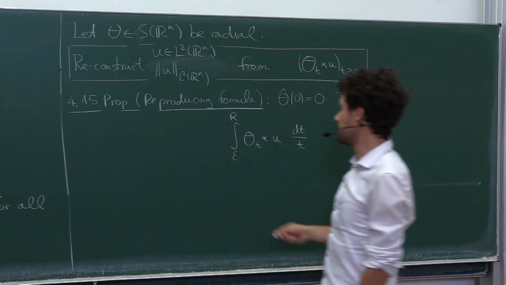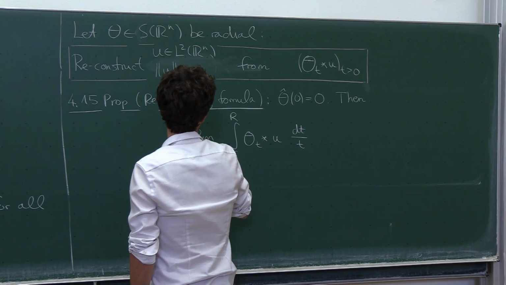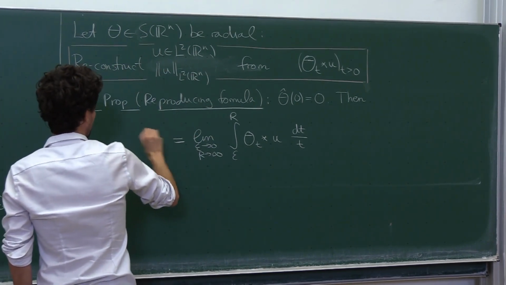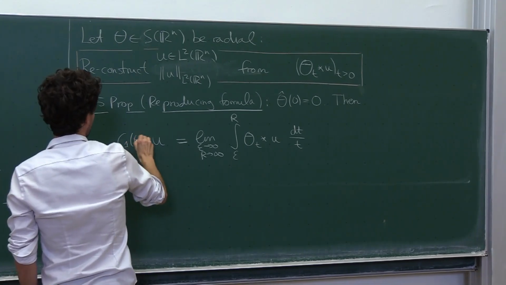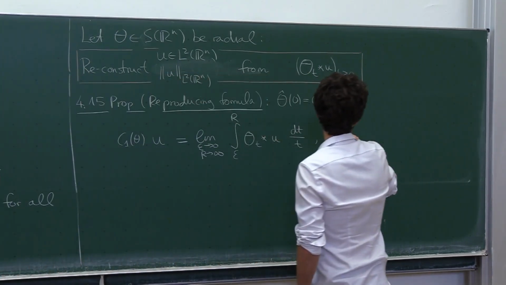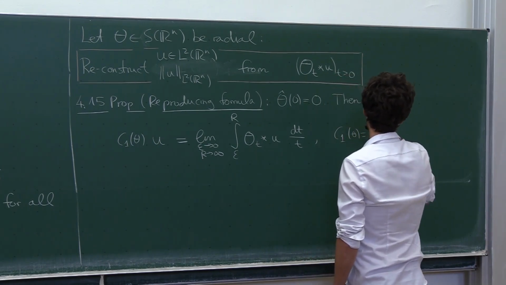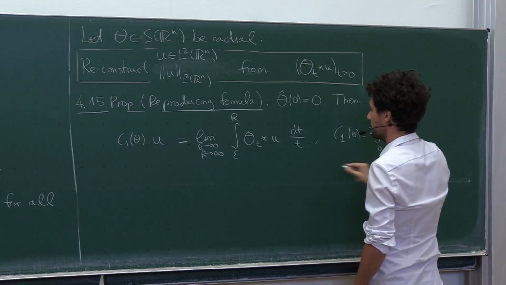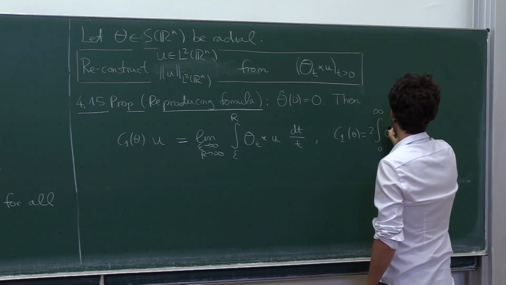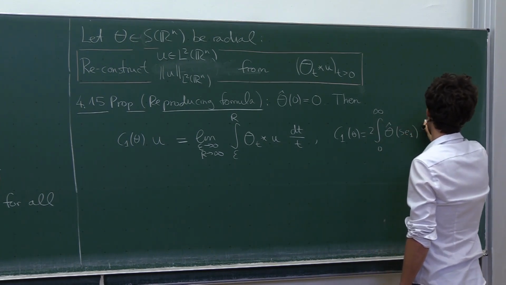And the reproducing formula says that if in this integral I take limits as epsilon goes to 0 and r goes to infinity, then this gives you back u up to a constant that depends on theta, and the constant is 2 times the integral from 0 to infinity of theta hat of s e1 ds over s.